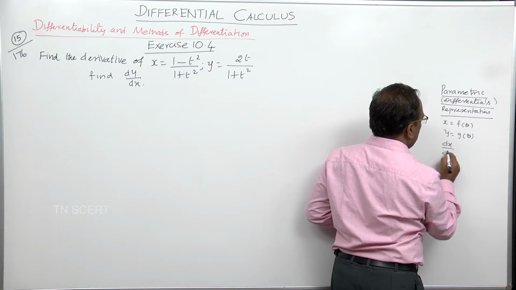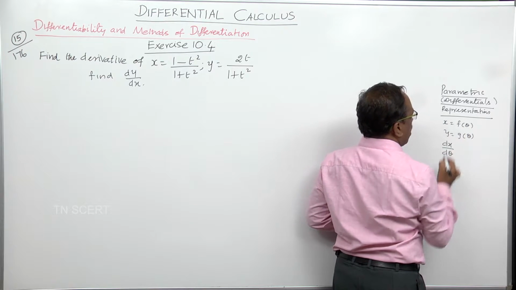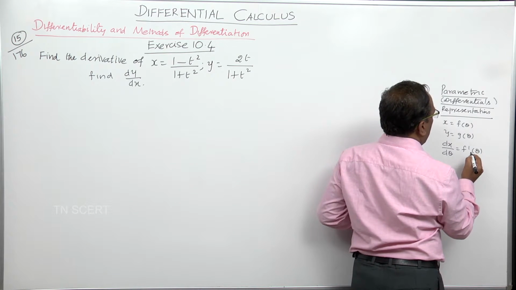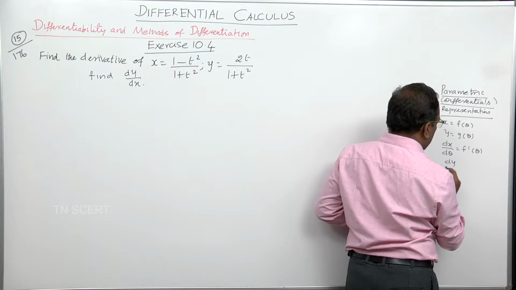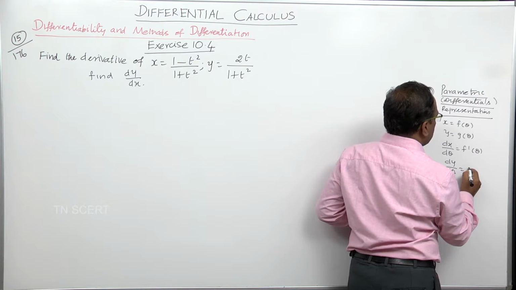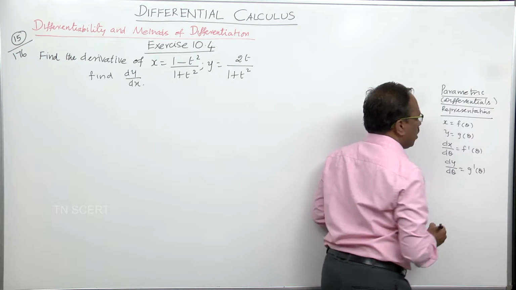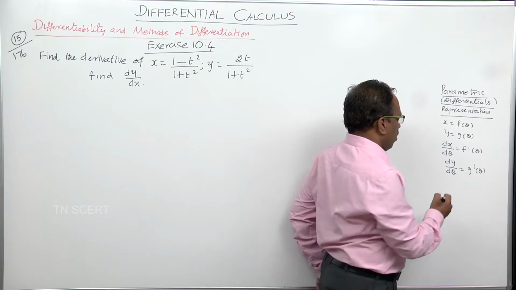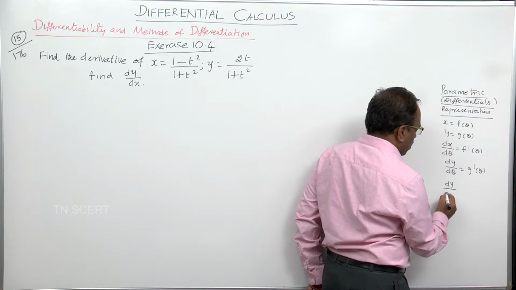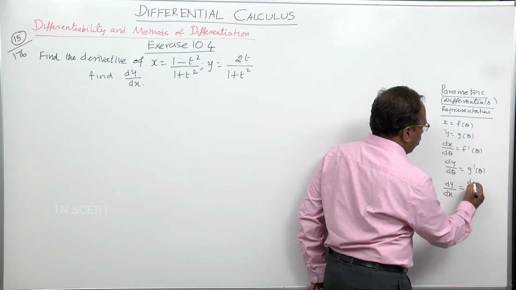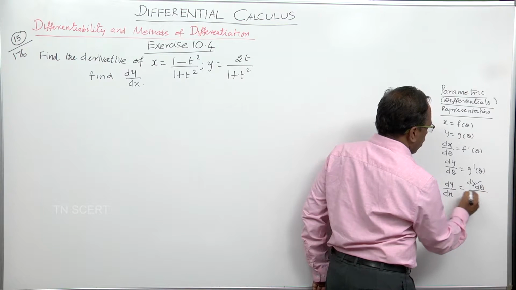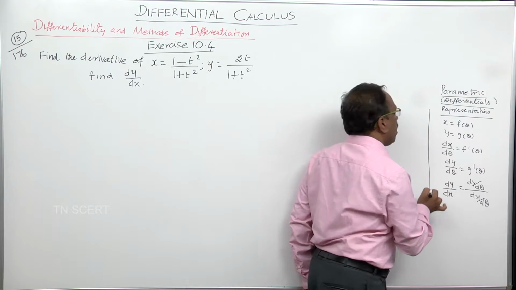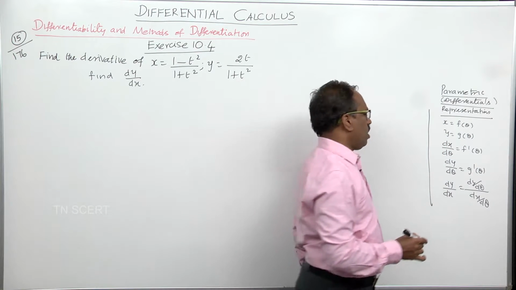Remember that dx by d theta is f dash of theta, and dy by d theta is g dash of theta. With x in terms of theta and y in terms of theta, dy by dx is equal to dy by d theta whole divided by dx by d theta. Like that, I wish to give the answer here.